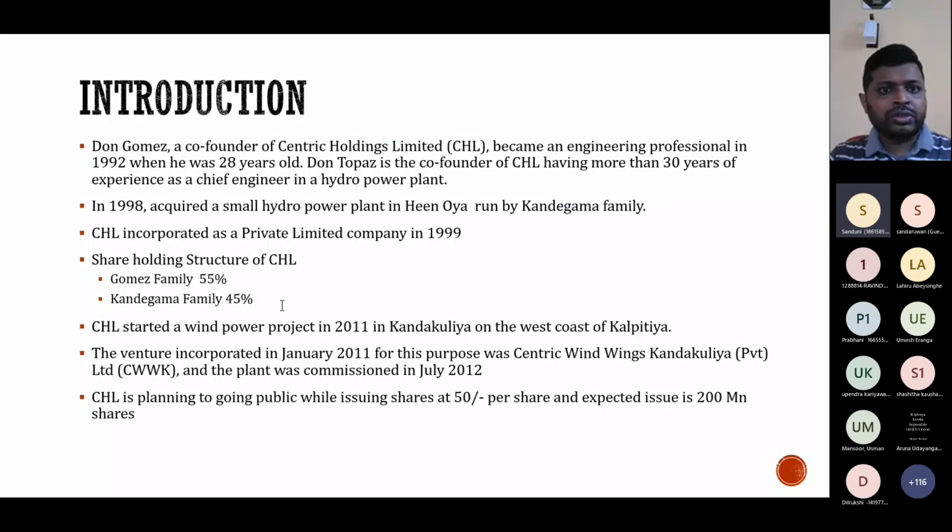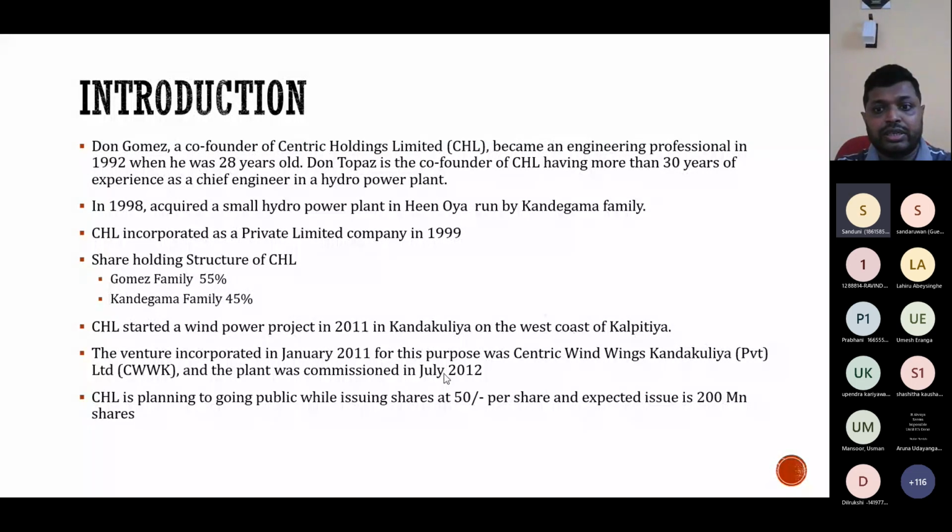This is a nuclear power plant, which we have never experienced. It is a new project, a nuclear power plant they are going to establish, and it will contribute to national power generation.